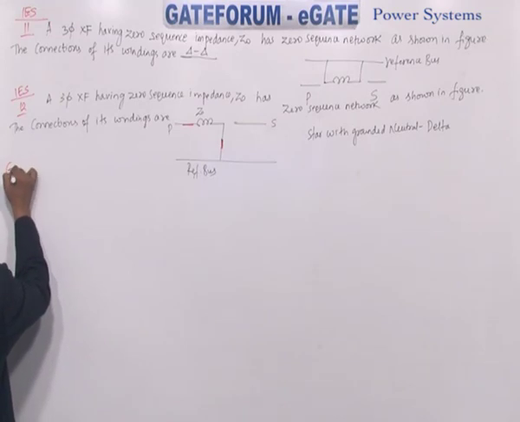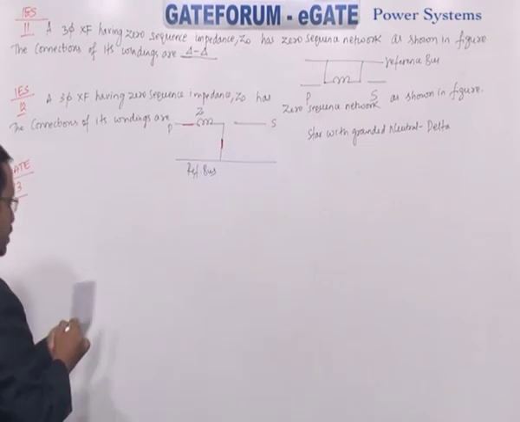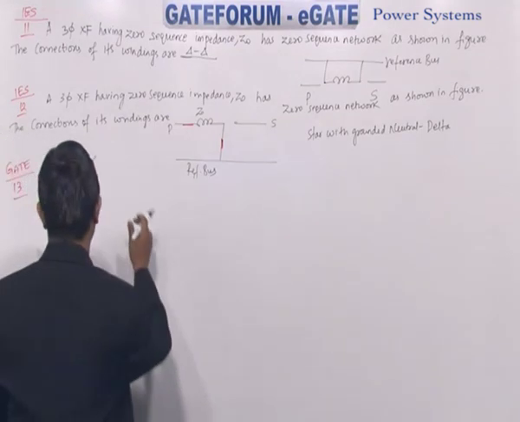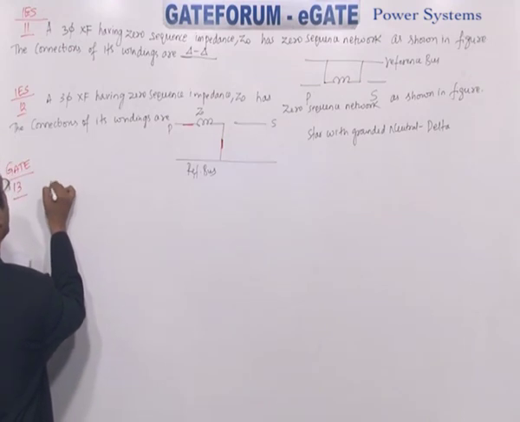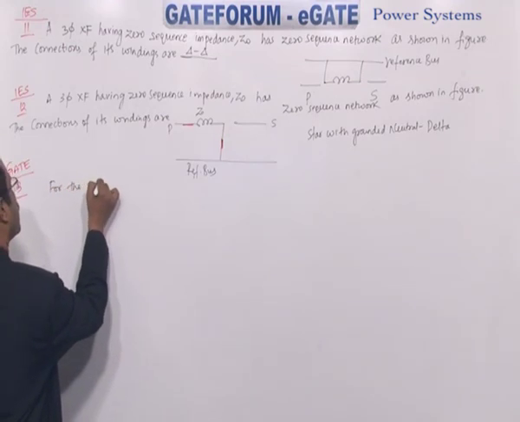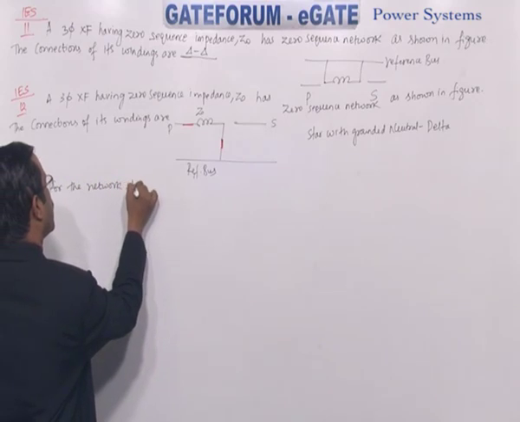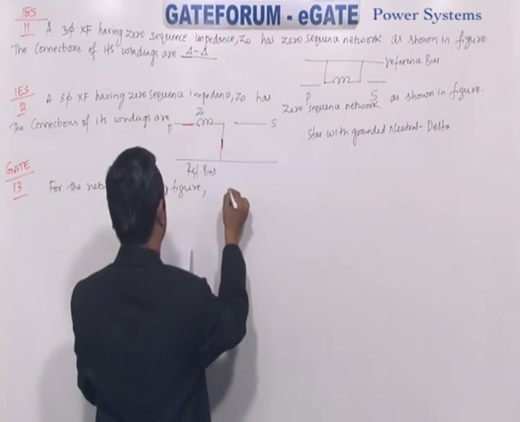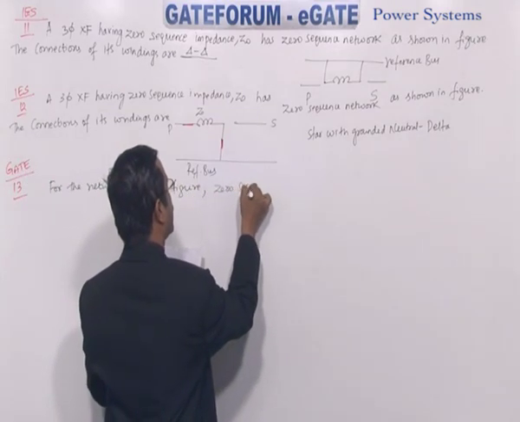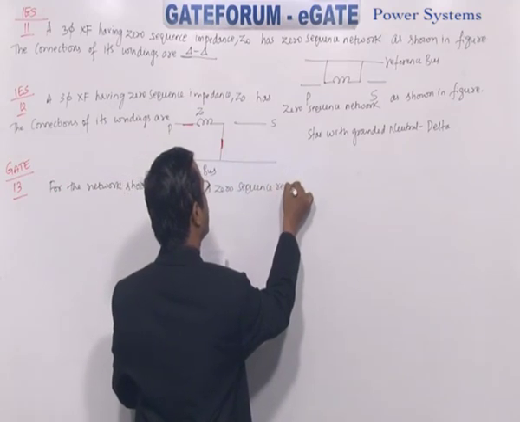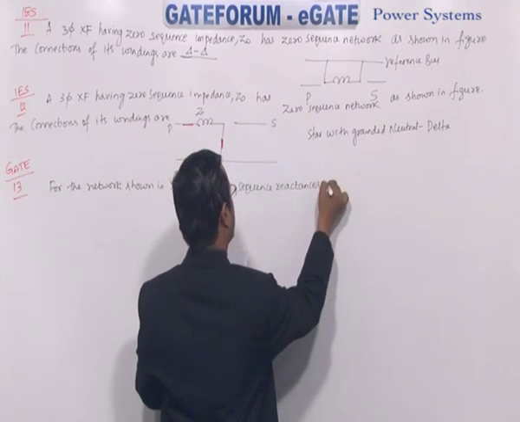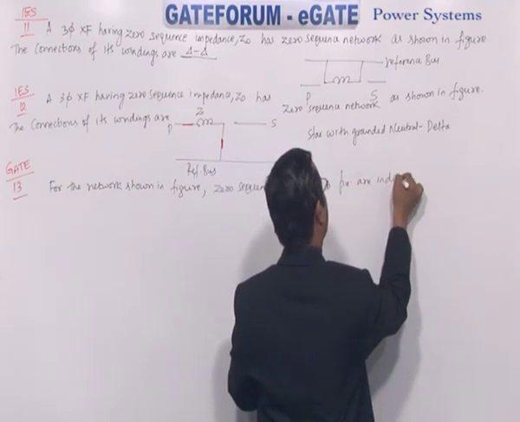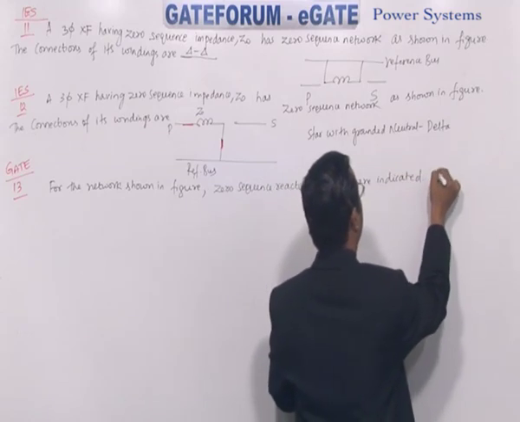Now we solve the next question, and this is from a GATE question paper. For the network shown in the figure, the zero sequence reactances in per unit are indicated.